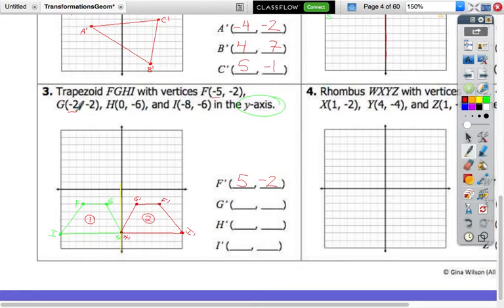Since this is negative 2, I'm going to change it to positive 2, negative 2. Since this is 0, negative 6, I'm not changing it. It's going to be 0, negative 6. And since this is negative 8, negative 6, I'm going to change it to 8, negative 6. Make sure you have all this written down.